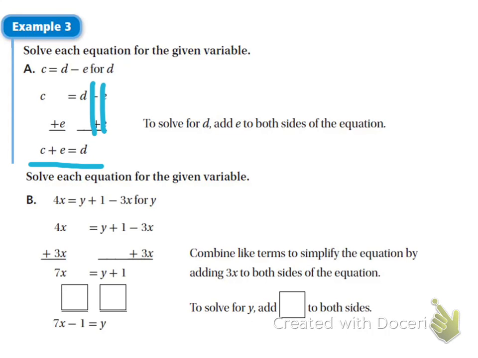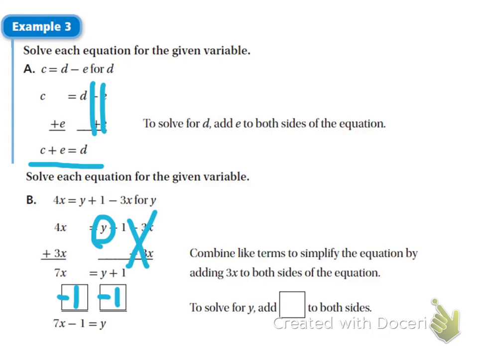Letter B. So we have 4x equals y plus 1 minus 3x. We're solving for y, so we're leaving the y on this side. So we add 3x to this side, so that's 0. Add 3x to this side, that's 7x. Minus 1, so we're going to subtract 1 from each side.